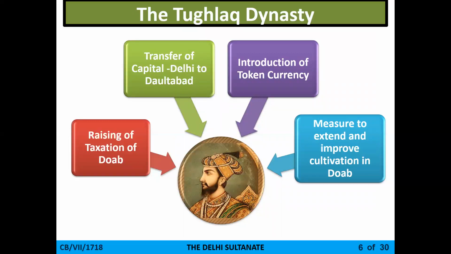Ghiyasuddin Tughlaq, his predecessor, had reduced the land revenue to 1/10 or 1/11 of the total produce. We have already studied that Alauddin Khalji fixed it at 50%, which was known as Kharaj. Then next in the line of succession, Ghiyasuddin Tughlaq reduced it. Now, Muhammad bin Tughlaq again increased it and even started taking some additional taxes.